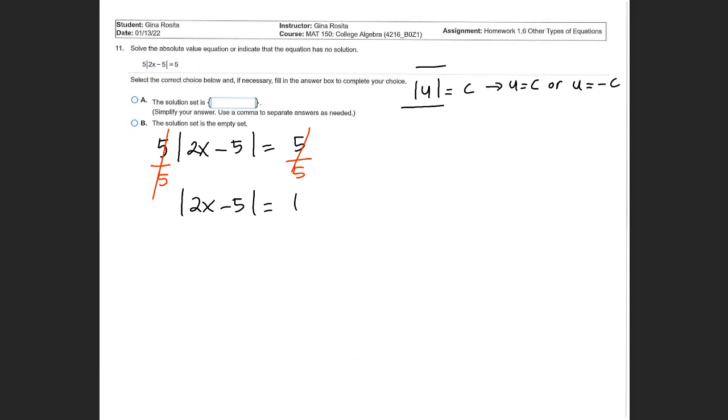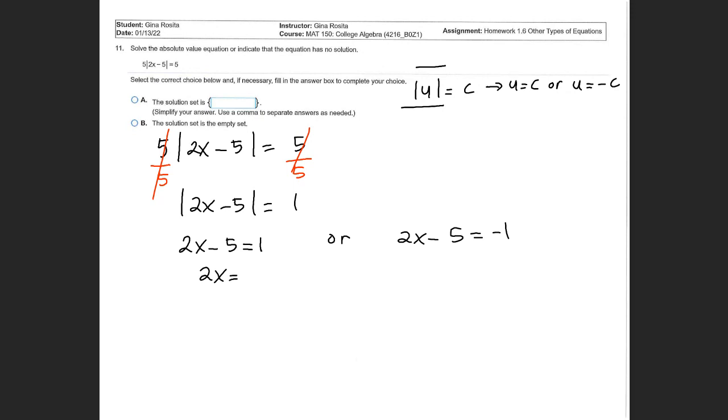We can write this again, following the same thing. So 2x minus 5 equals 1 or 2x minus 5 equals negative 1. Move negative 5 to the right side, it becomes positive.